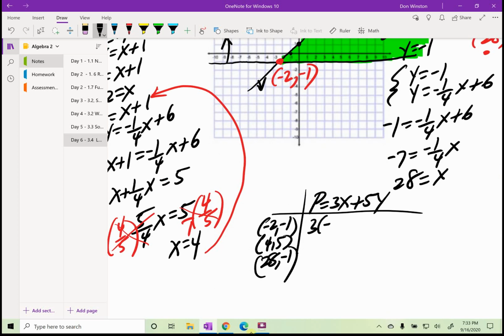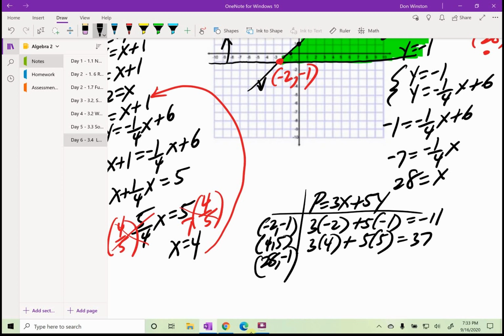So that's 3 times -2 plus 5 times -1. -6 and -5 is -11. Then 3 times 4 plus 5 times 5, 12 and 25 equals 37.